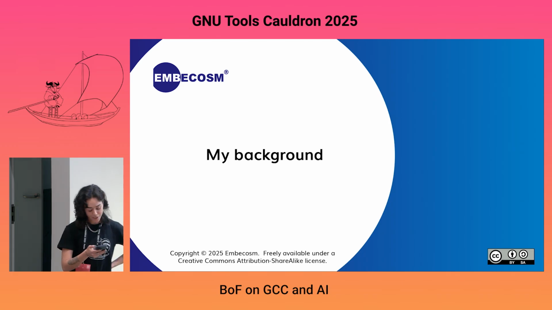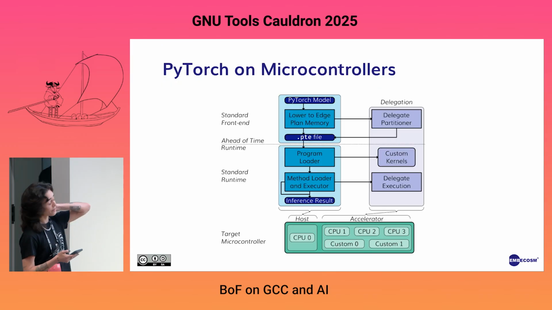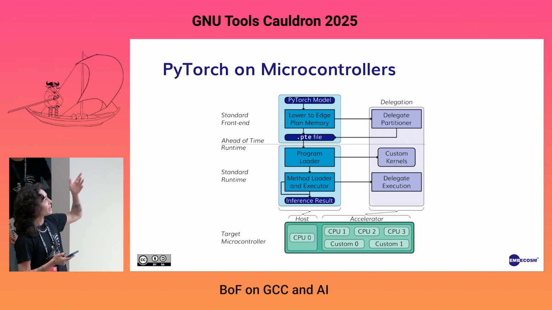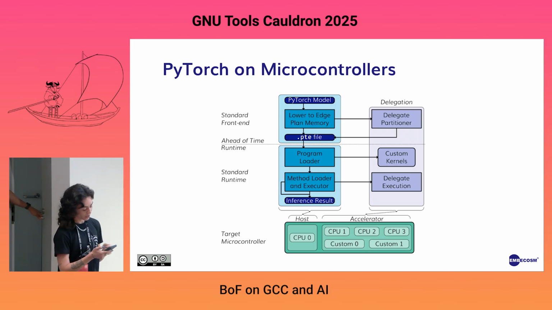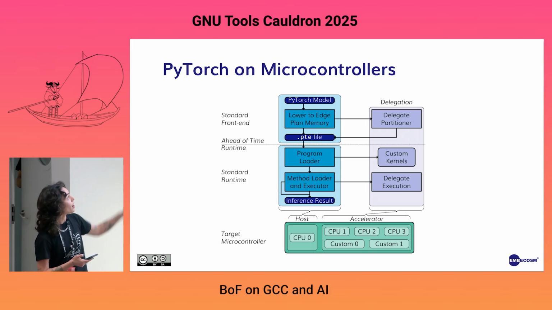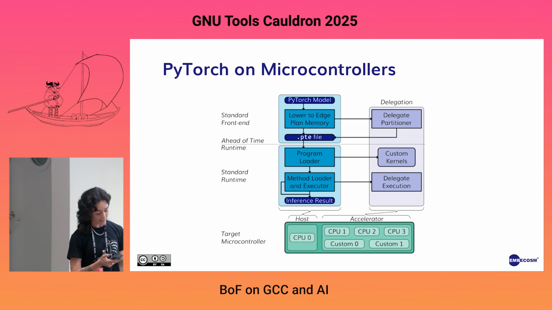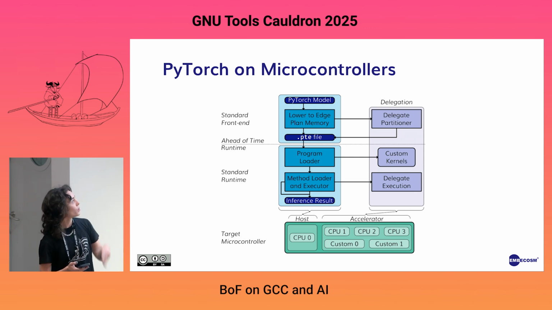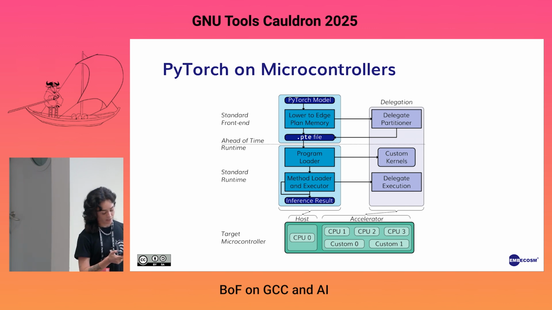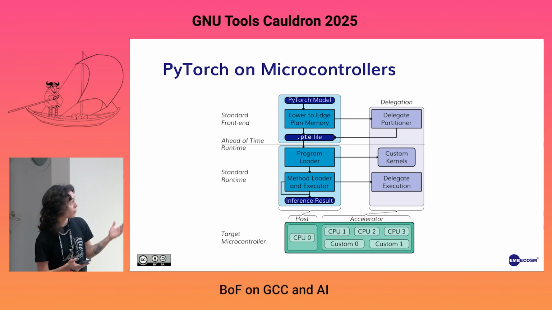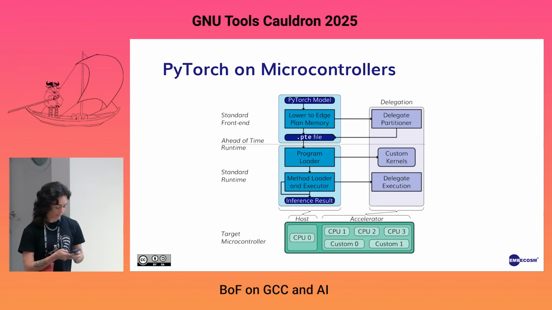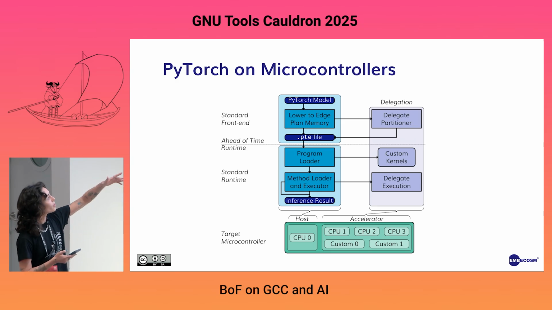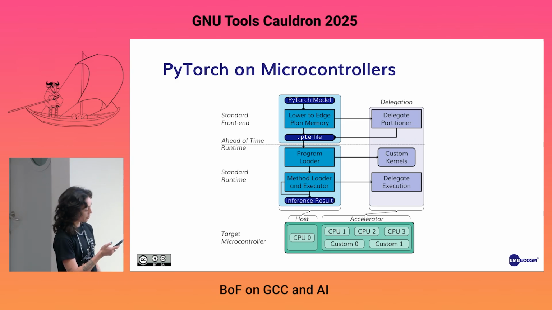So if you look at this diagram, you can see where I live. I deal with taking PyTorch models, compiling them into optimized PT files, and then having the GCC compiled runtime manage all the execution. My daily challenge is the full pipeline, from the delegate partitioner all the way to the custom kernels, which are from the dedicated accelerator.